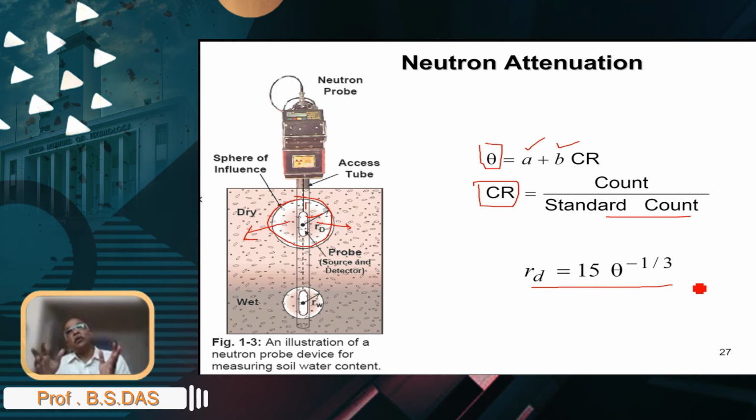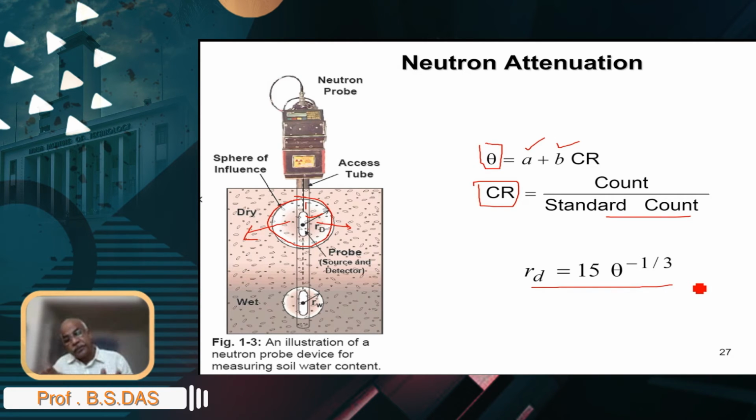So generally the machine has to be lowered into the soil, so that the hydrogen atoms present in the water molecules would thermalize them. Otherwise, this high energy would strike you, and so the probe has to be lowered into the soil. Surface measurements are not possible with this, only depth-wise measurement.